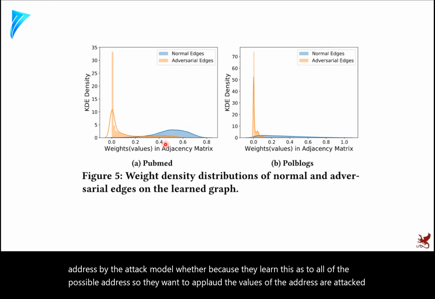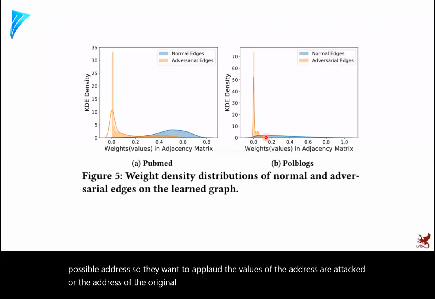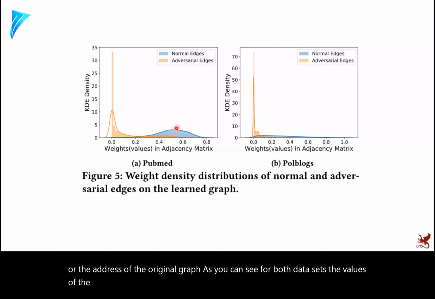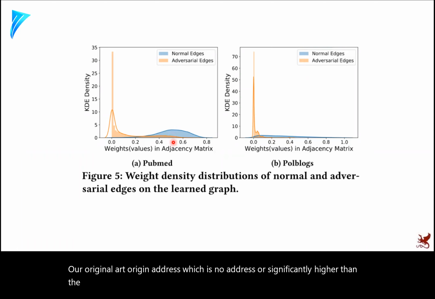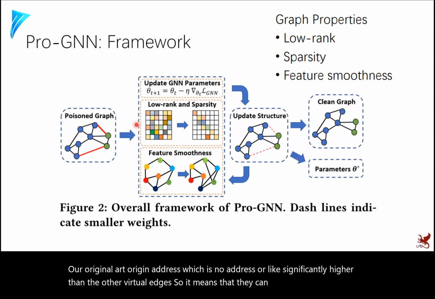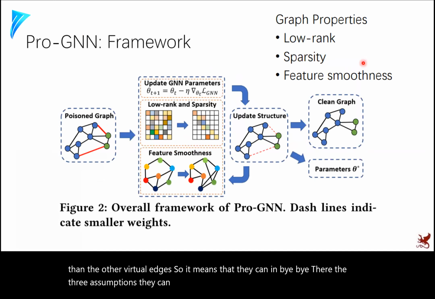As you can see, for both data sets, the values of the original edges, which are normal edges, are significantly higher than the adversarial edges. So it means that by these three assumptions, they can indeed find those edges that are not very natural.